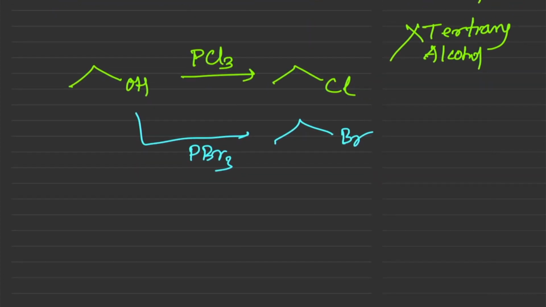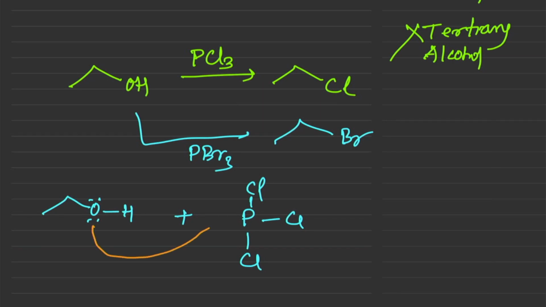So let's draw a quick mechanism for this. Let's say we have OH. Oxygen has a lone pair, and the lone pair on oxygen will make a nucleophilic attack on phosphorus, and that will push out one of the chlorines.